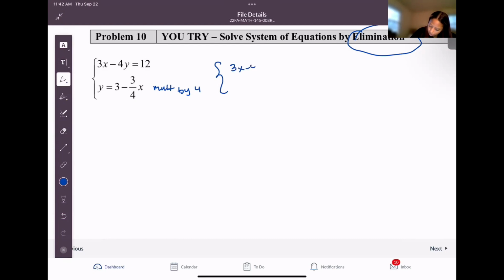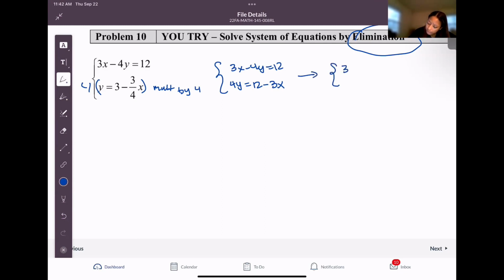And then we would have 3x minus 4y equals 12. And 4y equals 12 minus 3x. That's if I multiply all of this by 4, just to get rid of the fraction. All right, that's the first thing. Then the second thing, we have to put this in standard form.